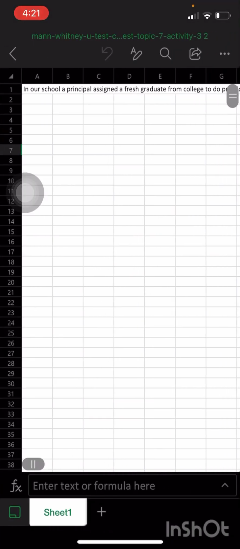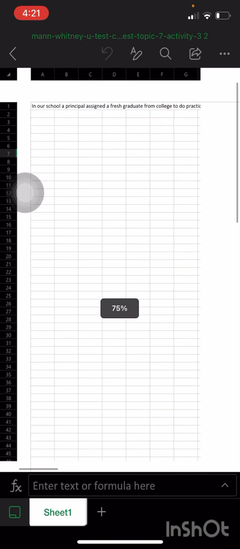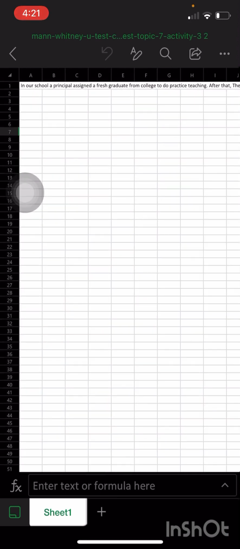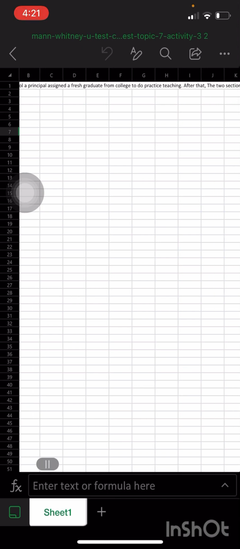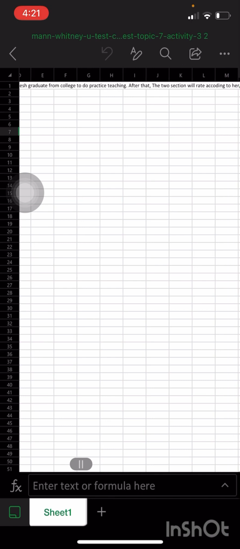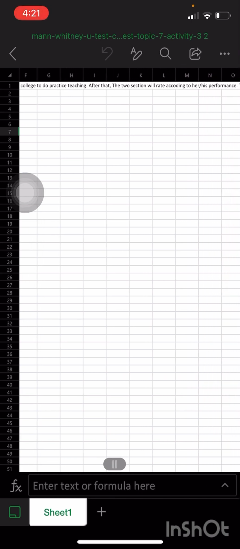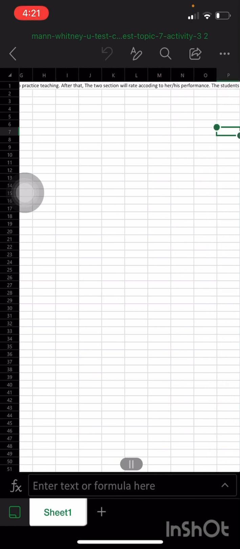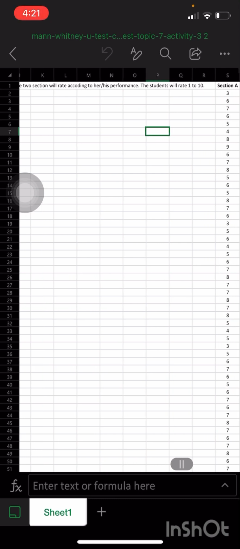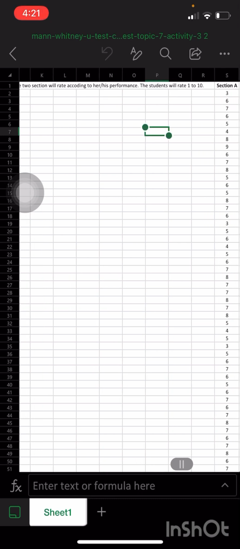In our school, a principal assigned a fresh graduate from college to do practice teaching. After that, the two sections will rate his or her performance. The students will rate 1 to 10.